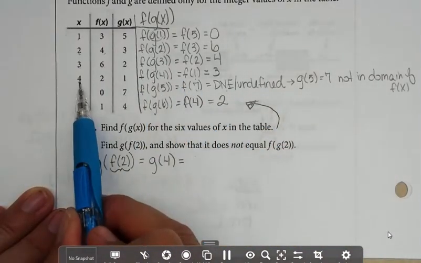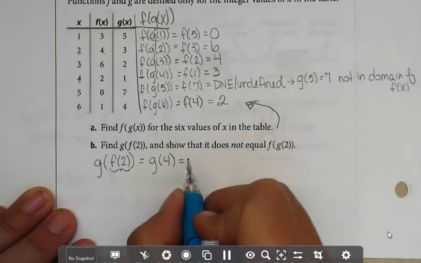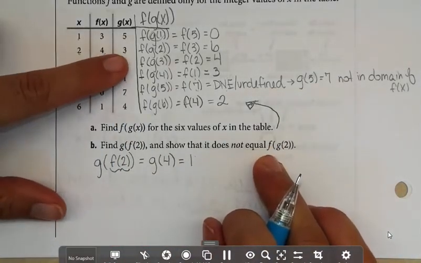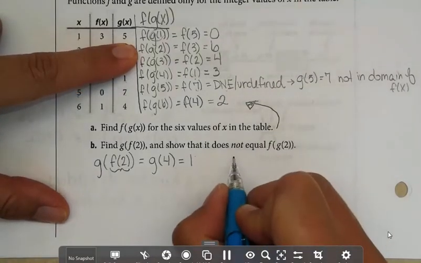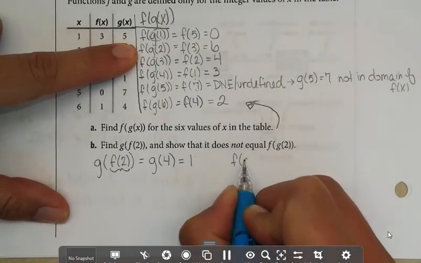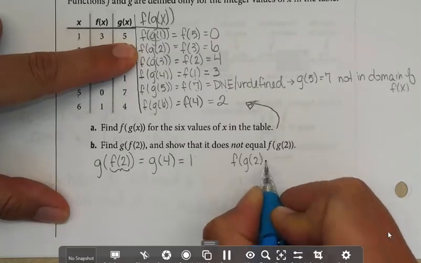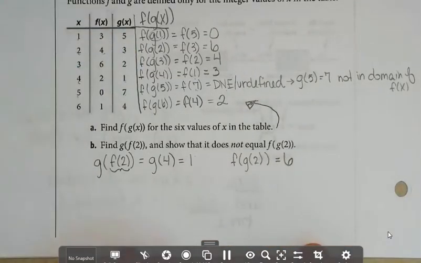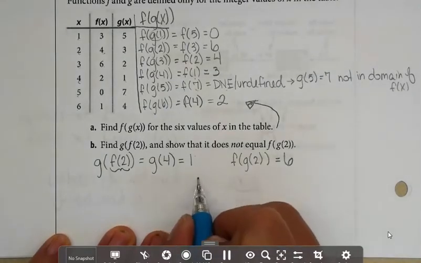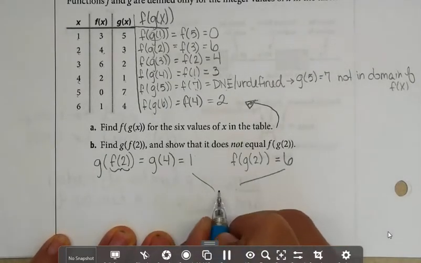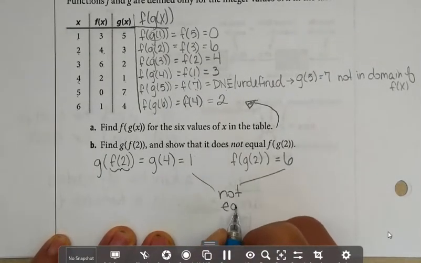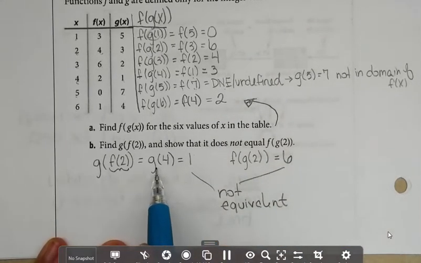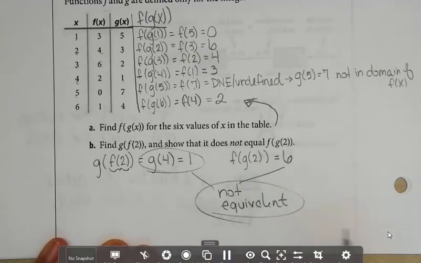Putting 4 into g, I get 1 out. Well, what was f of g of 2? F of g of 2 was actually equal to 6. Are these equal? These are not equal. You can see that these are not equivalent. So I was showing that, and I'm also showing that.